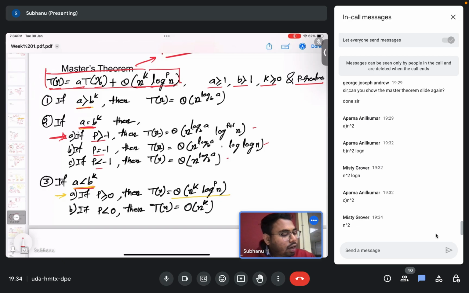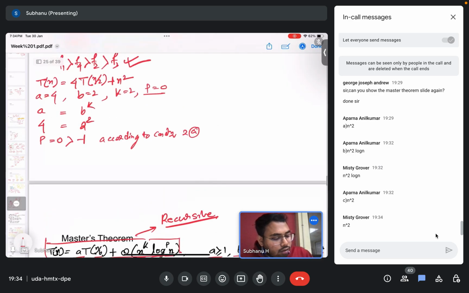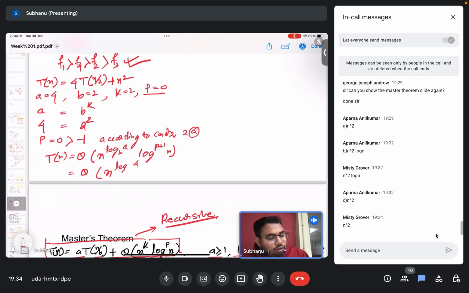T(n) is equal to theta of n to the power log a base b, log to the power p plus 1 base n. If you put in the values, n to the power log 4 base 2 and log n.